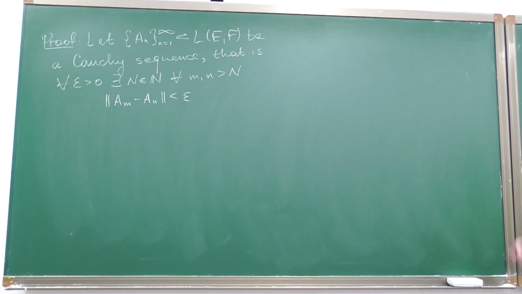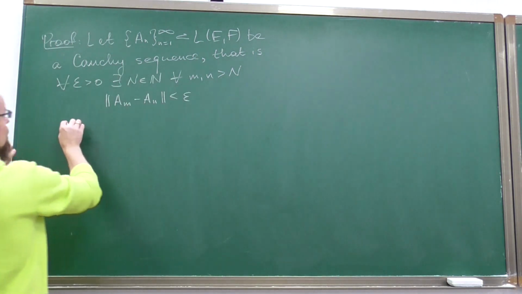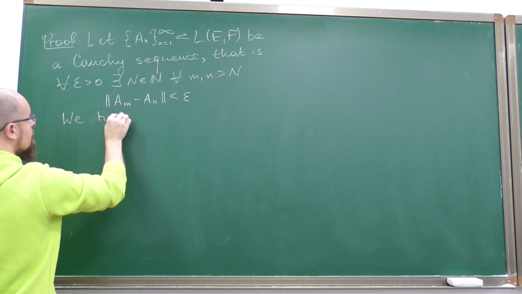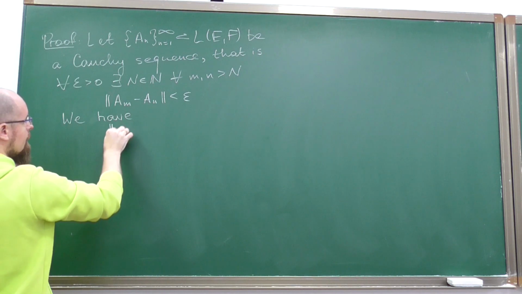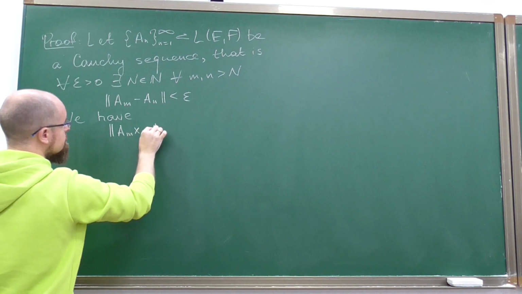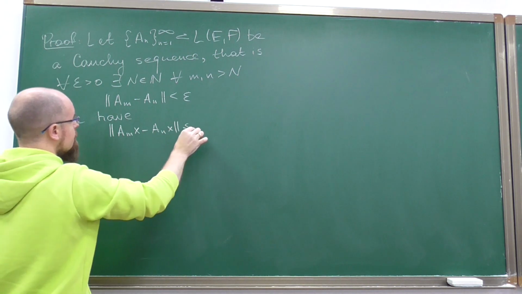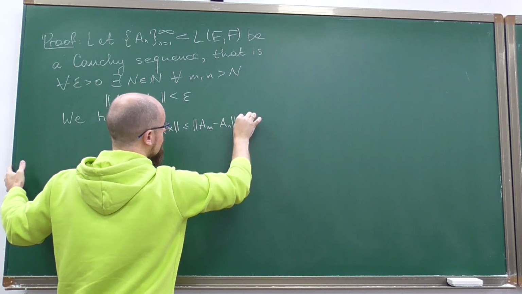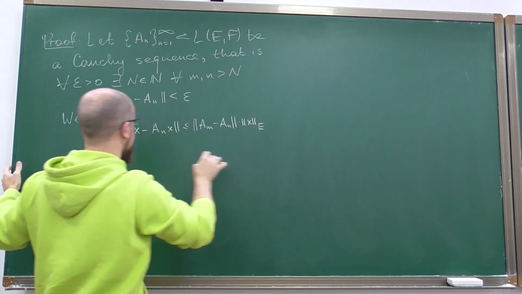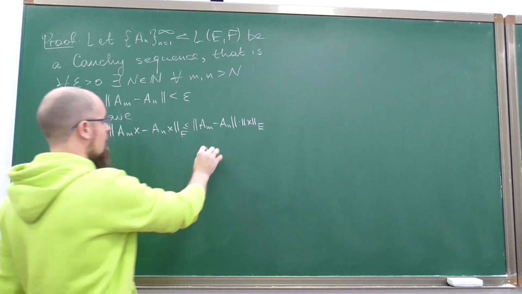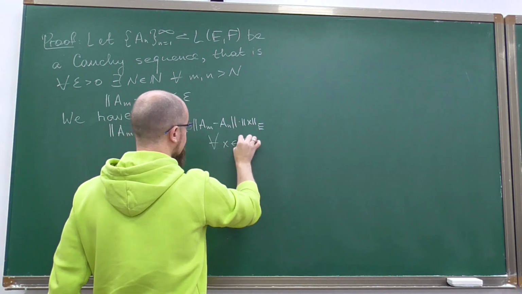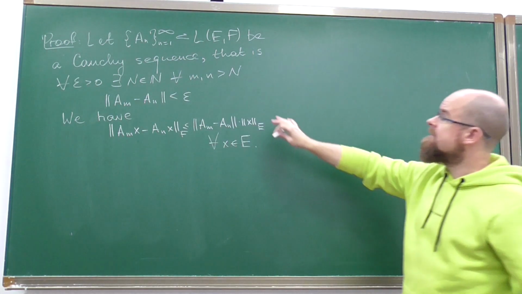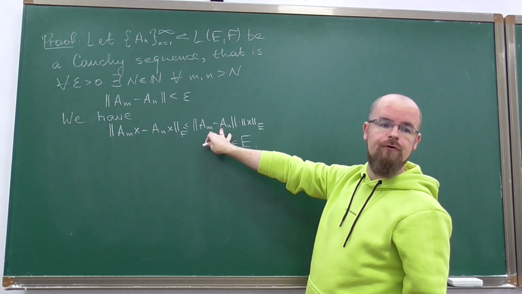But by the definition of the operator norm, we just have that the norm of A_m x minus A_n x is less than or equal to the operator norm of this difference times the norm of x in E. This one is in F. We have it for every x from E. But since the sequence A_n is Cauchy, this term is less than epsilon.